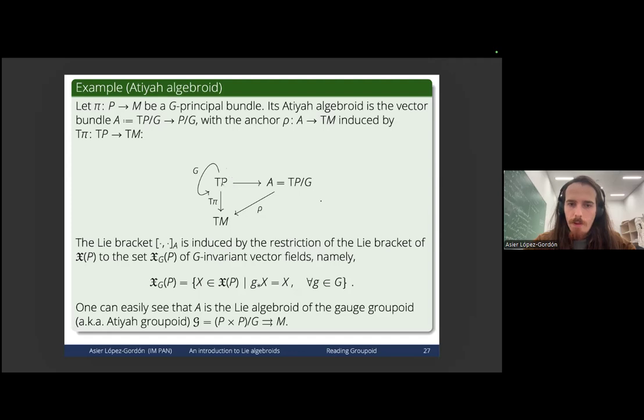For each element of the quotient space, we can choose a representative here and project it. And this is how we will define the anchor.